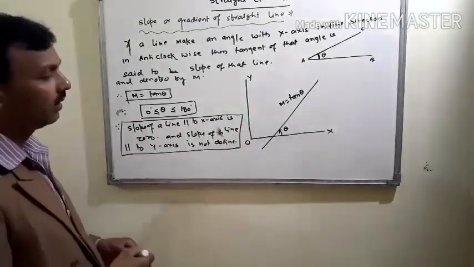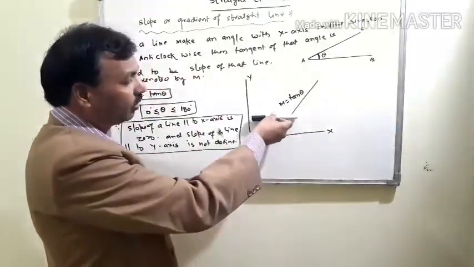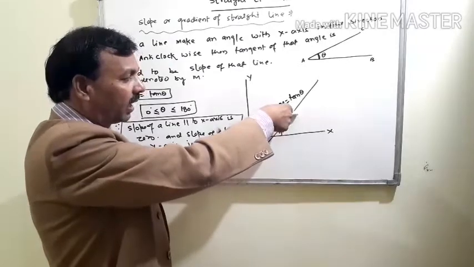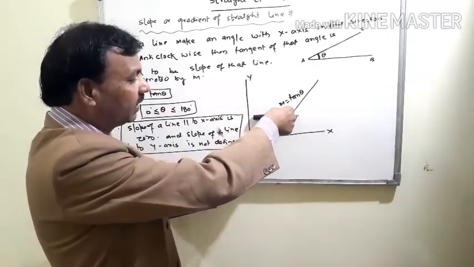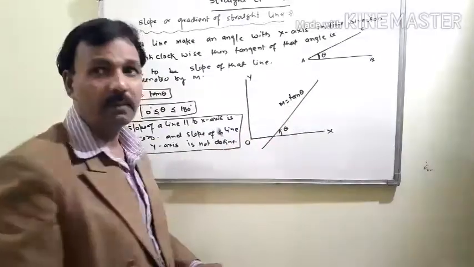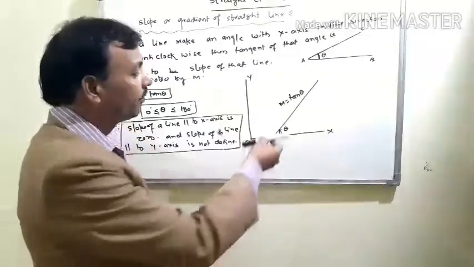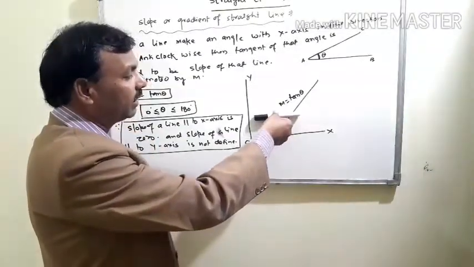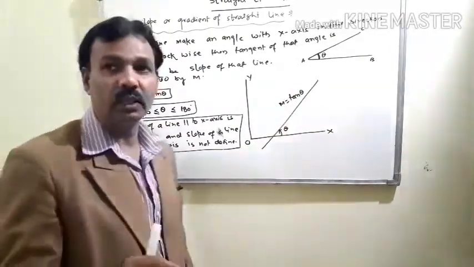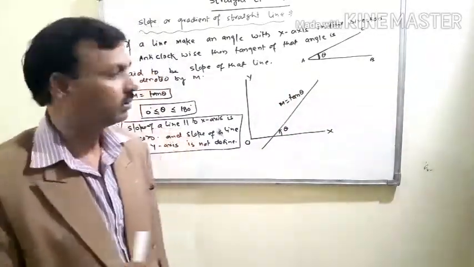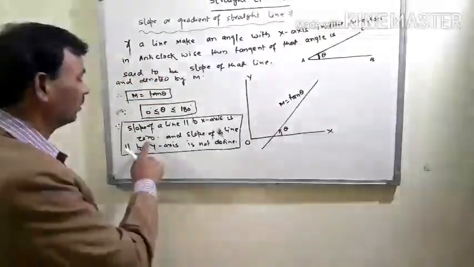The reason is this: suppose we take a line parallel to the x-axis. The angle between this line and the x-axis is 0, because the angle between two parallel lines is 0. So theta equals 0, therefore m equals tan 0, and as you know tan 0 equals 0, so the slope of that line will be 0.